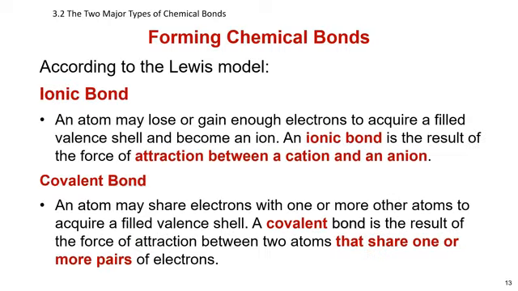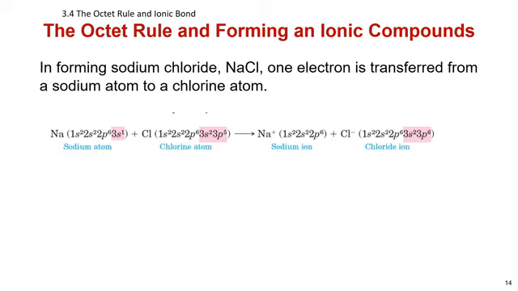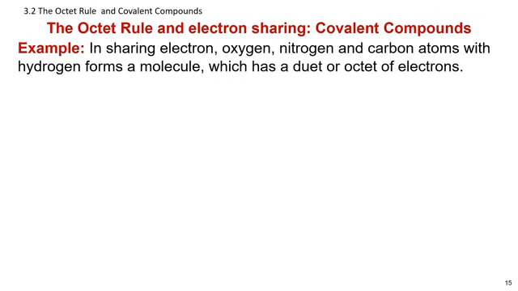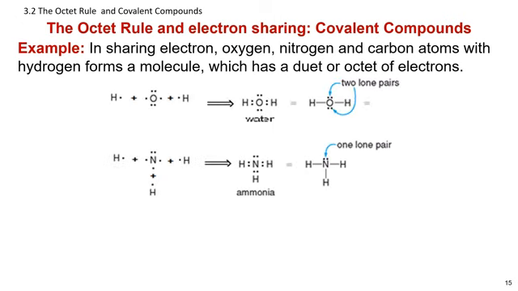We talked about it. An ionic bond is the attraction between cations and anions formed by electron transfer, electron loss and gain. A covalent bond is sharing one or more electrons. A pair of electrons shared is one covalent bond. 2 pairs is 2 covalent bonds.